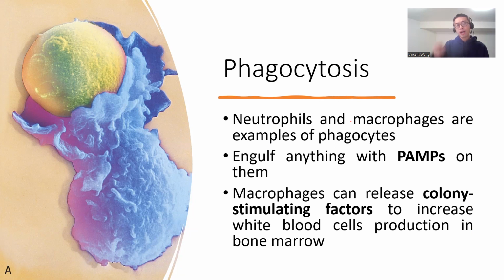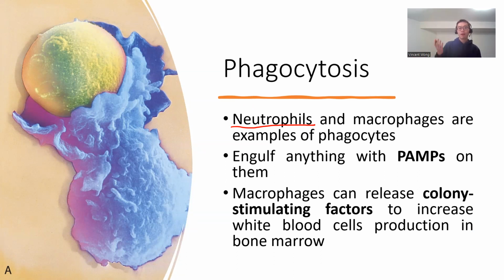So we have two kinds of cells that are capable of doing phagocytosis. We will learn two. That's what I mean. We already know from last lecture neutrophils, the most common type of white cells, making up 70% of all your white cells.